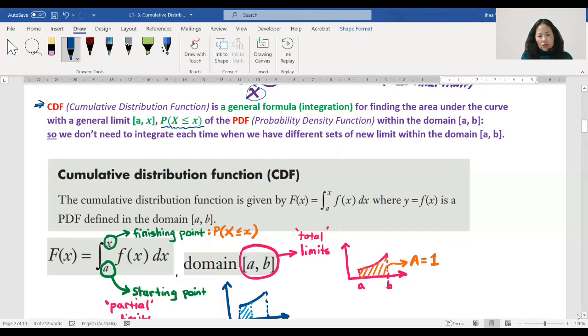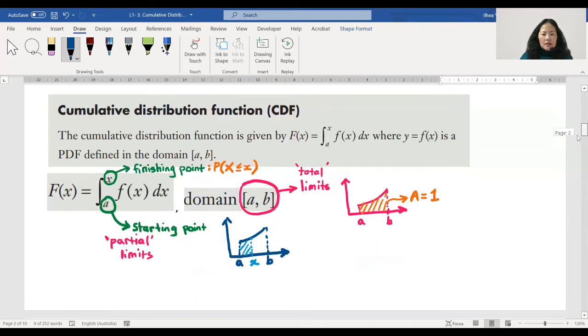Okay, like I showed you in the diagram above of the PDF within the domain A and B. So we don't need to integrate each time when we have a different set of new limits within the domain. Okay, so let's have a look at what all that means. It sums up on the next part here.